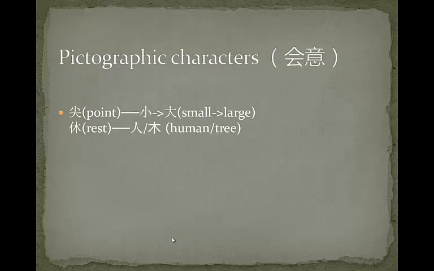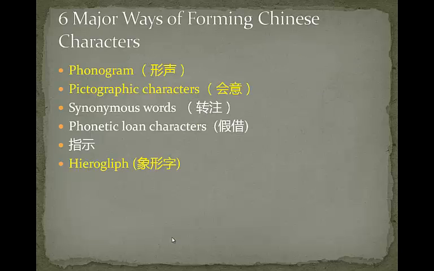Maybe we need to go back to the very beginning so you can have an idea. So those are the 6 categories, 6 ways of forming Chinese characters. Alright, the top one, 形声, phonogram. Remember, part of the character indicates the pronunciation, and part of it indicates the meaning.